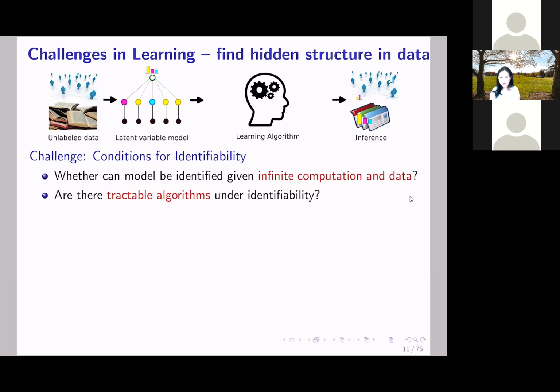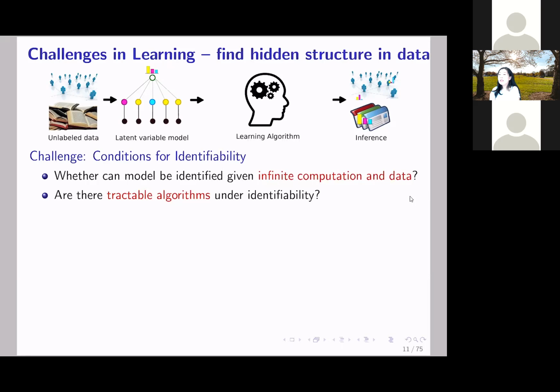or even learning any models, right? If you are given an infinite amount of data, in supervised learning, it is hard to imagine that models are not identifiable. If you are given infinite data and infinite computation, right? You should be able to identify a model within your model class. But unfortunately, this is not necessarily true when you have hidden variables.